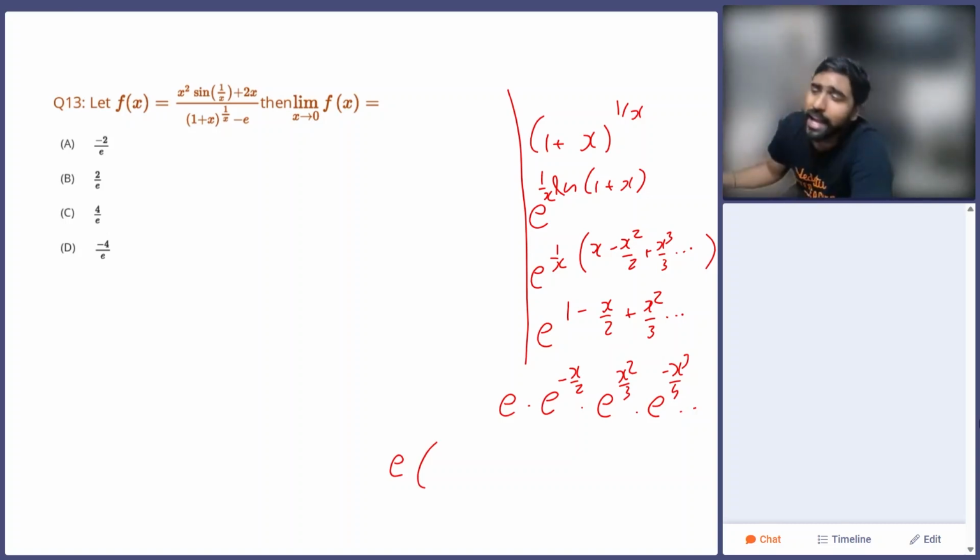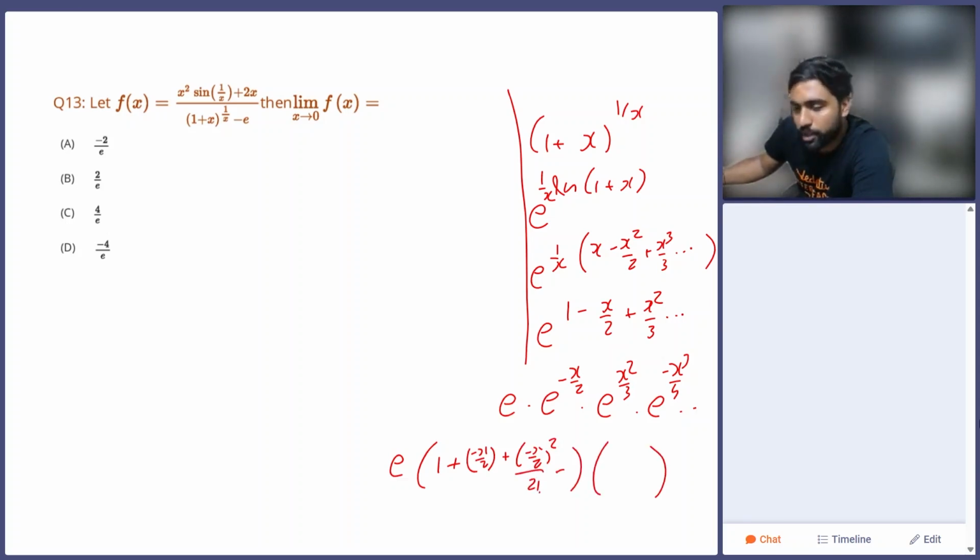Further I can use the expansion series of e to the power of a variable tending to 0, with the format of 1 plus minus x by 2 plus minus x by 2 whole square upon 2 factorial and so on. Same with x square by 3 also, and this keeps on going till infinity.